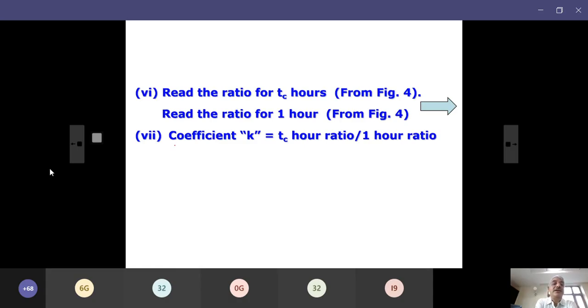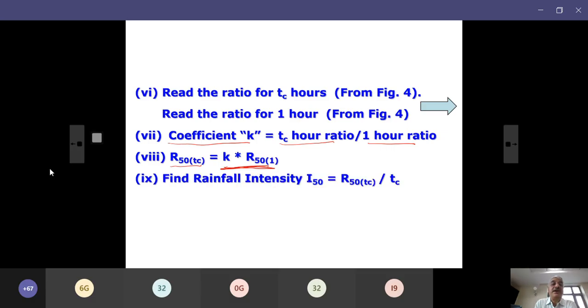And then a coefficient K will be the TC hour ratio divided by the 1 hour ratio. The 2 values we have read from figure 4. And now R50 TC will be K times R51. R51 we had worked out in the previous slide, multiplied by K, that will be R50 TC. And what we are interested in is I50 TC or I50, it will be R50 TC divided by TC.